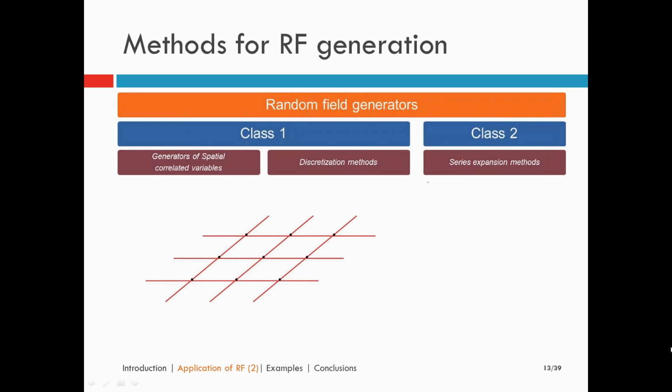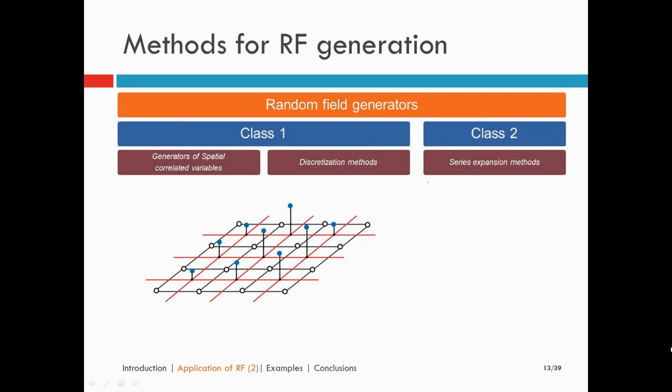For the first class, we first have to define a random field mesh, and this can be done independent of the finite element mesh. And for every node in this random field mesh, we can generate a realization of random variables on those locations which are correlated according to the input values.